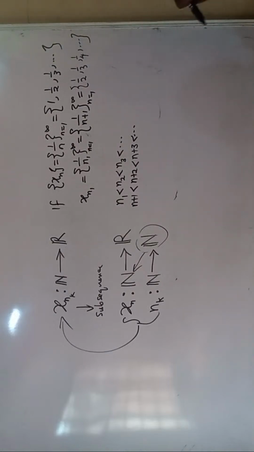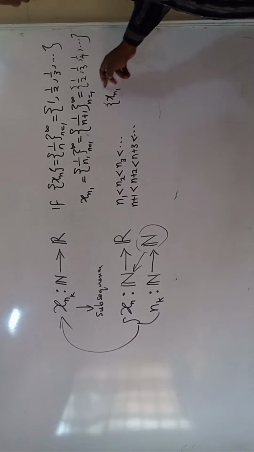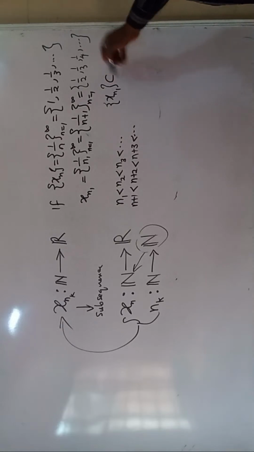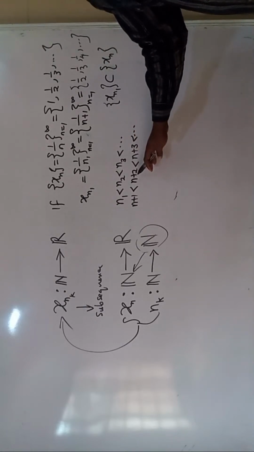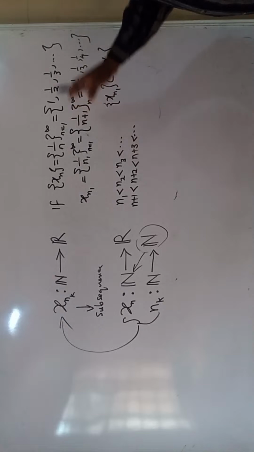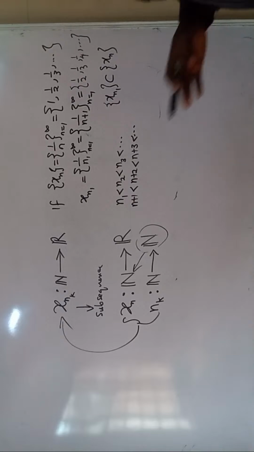We will see that the only element that is missing here is just 1. For this reason, the sequence x_{n_1} here is a subsequence, or we can say it's a subset, using the notion of subset, of x_n. Again, we can derive another subsequence by replacing this n with n plus 2, and so on and so forth.